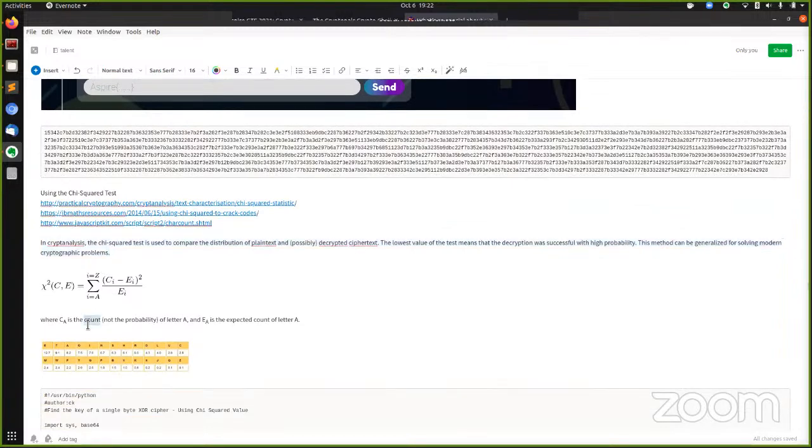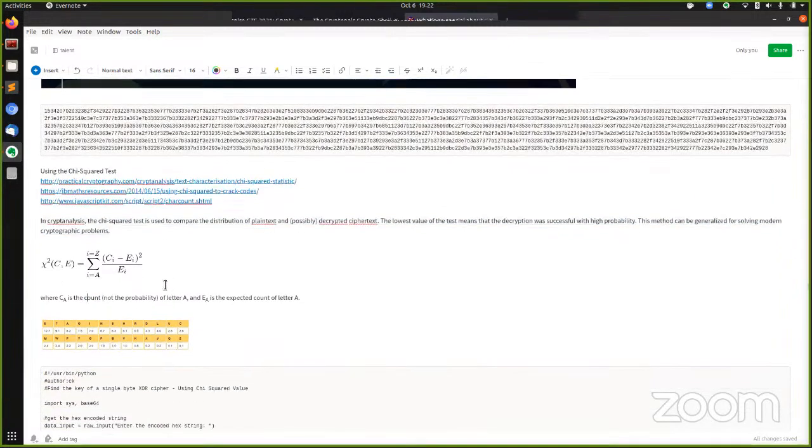How the formula works is we take C, which is the count of a certain letter. Let's say we decrypt the ciphertext with a random byte, and we find that we have 10 A's. We take that 10 here, then subtract the expected number of A's in a normal ciphertext.